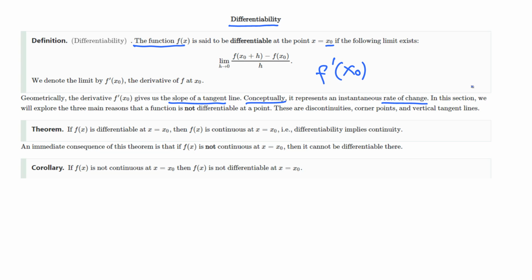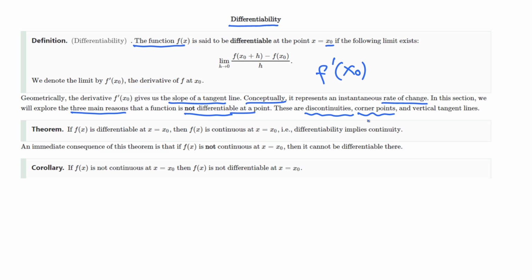Now in this section we want to explore three main reasons that a function is not differentiable at a point. Those three cases are discontinuities. That means if the function is not continuous at that point, then the function is not differentiable at that point.